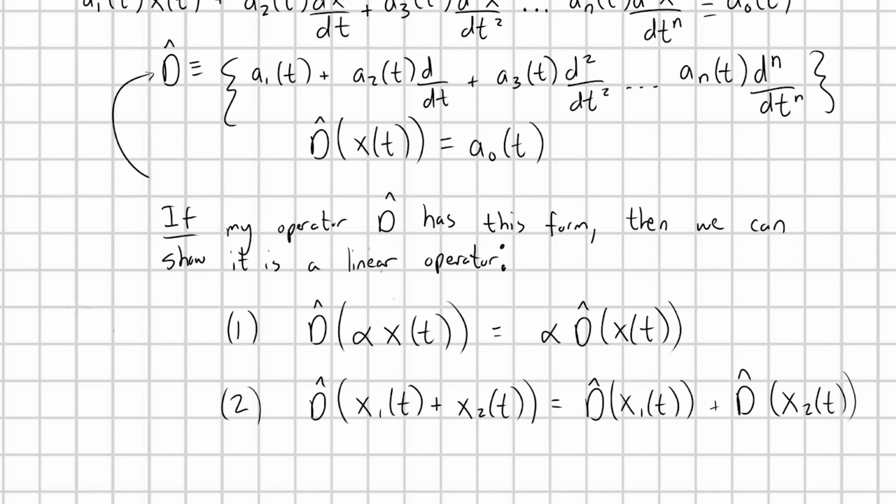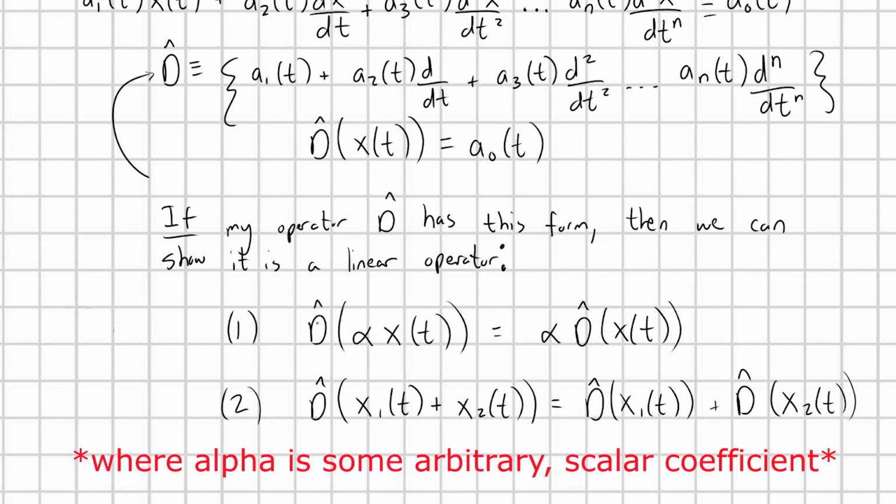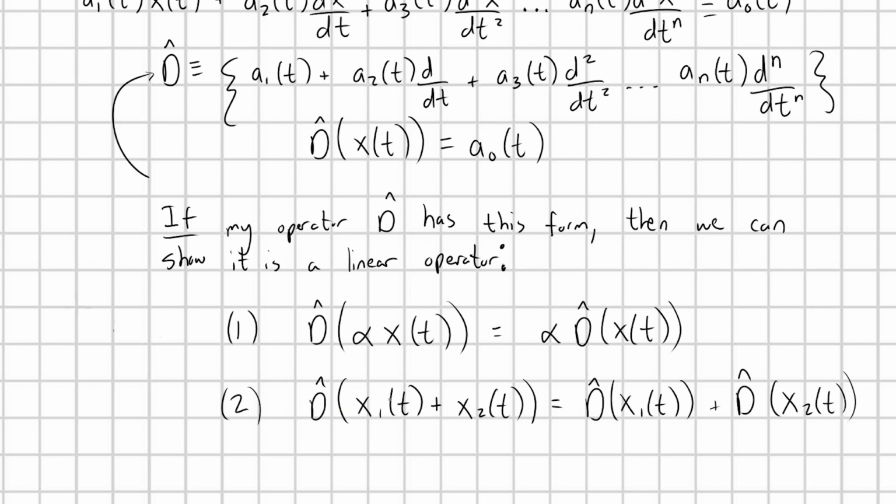So now let's get to the main point: if my operator D hat has this form up here, and it satisfies the following two properties, which I've listed down here, then it's a linear operator. If I take D and operate it on alpha x, then this simply equals alpha Dx. And if I take D and operate it on x1 plus x2, then this simply equals Dx1 plus Dx2.